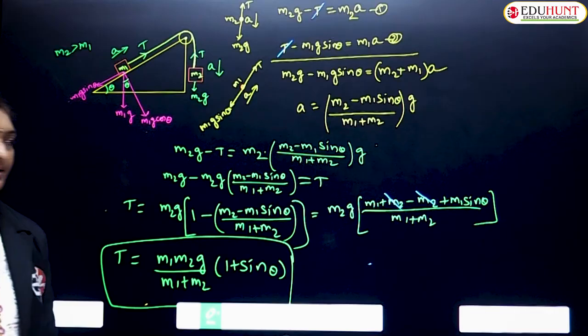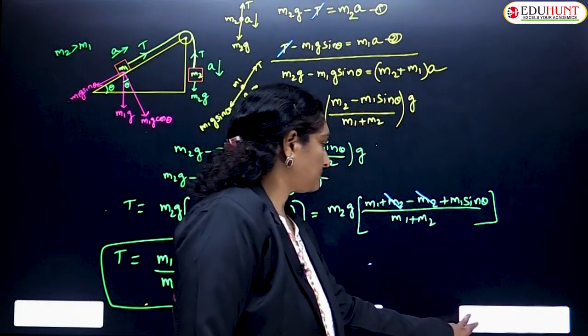So now let us continue with one more model, children. The last model for the motion of bodies connected by a string passing over a smooth pulley. Okay, last example.